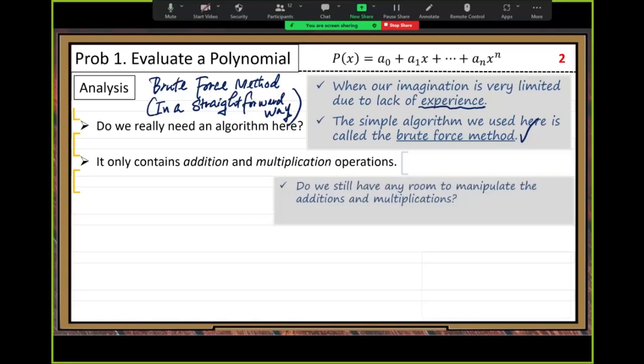Here, the question: do we still have any room to manipulate the additions and multiplications? Here we need to use our imagination. Can you imagine various ways to do different manipulations on our data? Here our data is the coefficient data and the x value data.